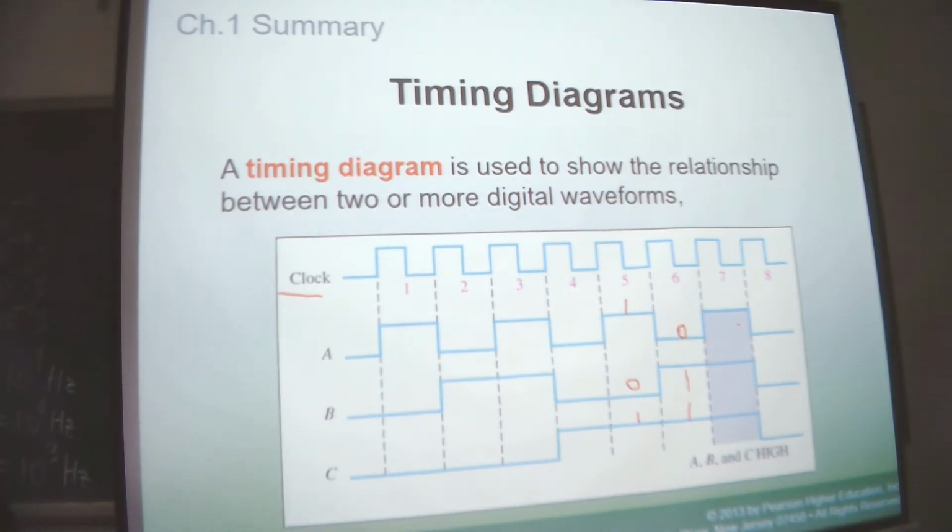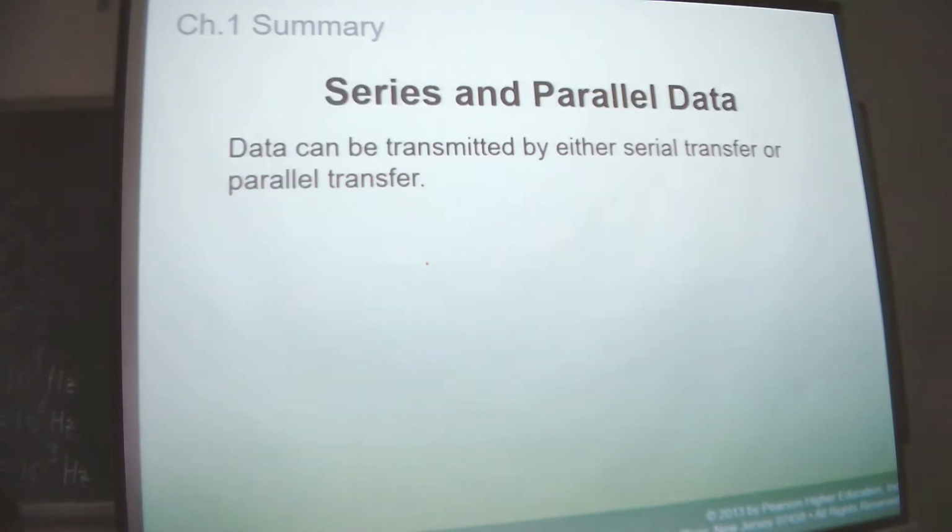In the seventh period, 1 1 1. In the eighth period, 0, 0, 0. So this figure is called a timing diagram.